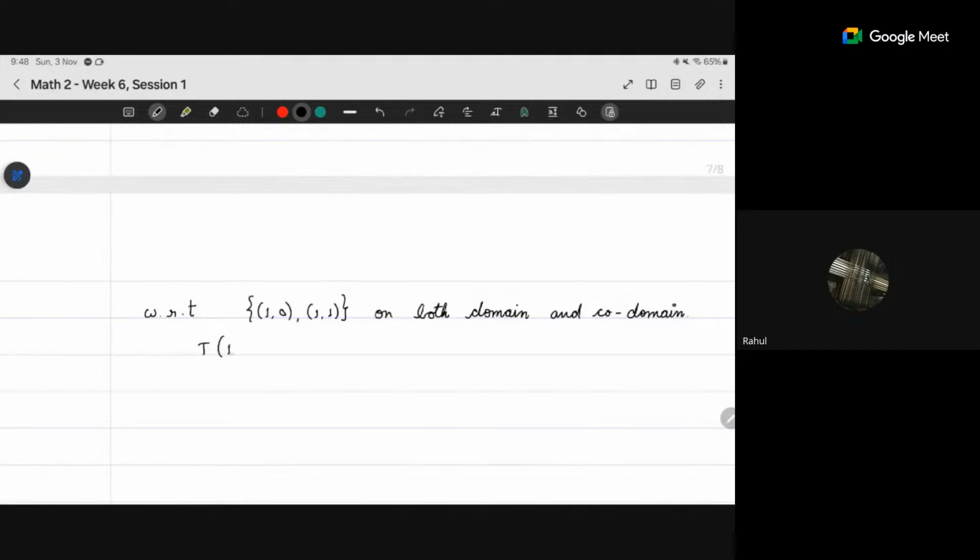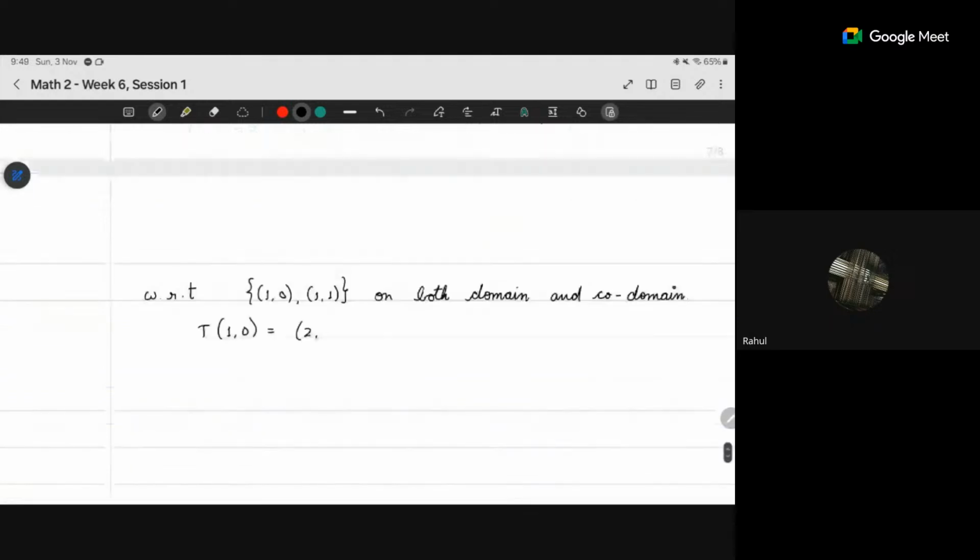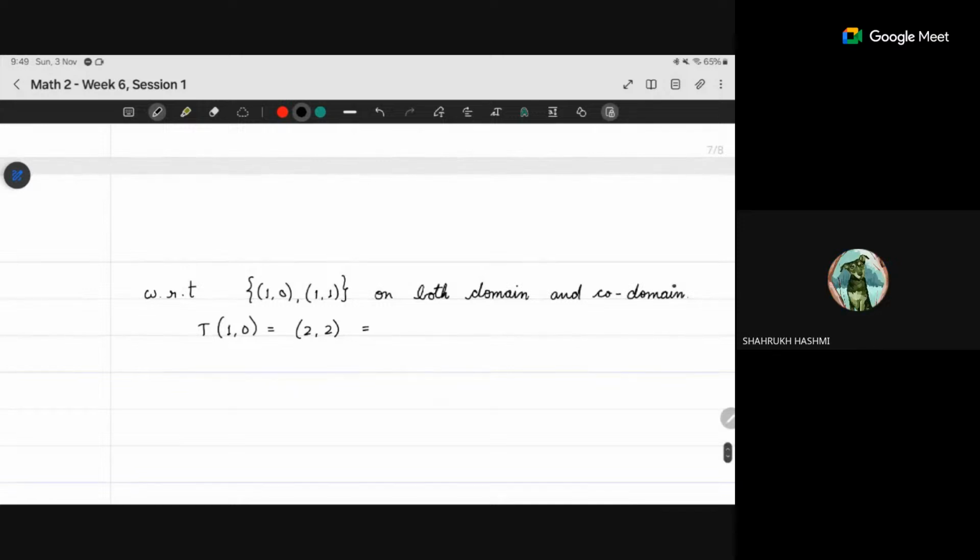I look at what T of 1, 0 is. This is my first basis vector. It's 2, 2. Now, how do I write 2, 2 as a linear combination of the given basis? The sum A times 1, 0 plus B times 1, 1. What are the A and B? It's easy to see, 0 and 2.